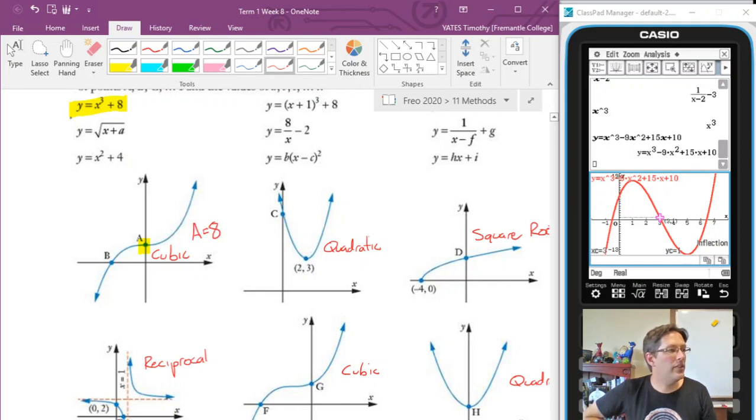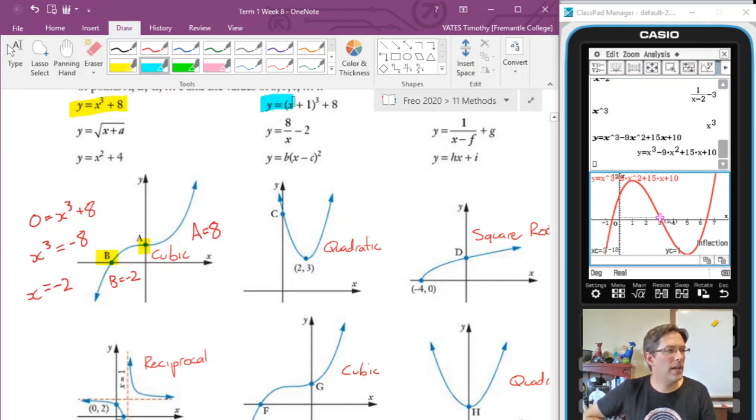And then we want to find where this hits the x-axis, which is where y equals 0. So we want to find 0 equals x cubed plus 8, or where does x cubed equal negative 8? X cubed equals negative 8 when x is equal to negative 2. So b is going to be negative 2. So that's our first one.